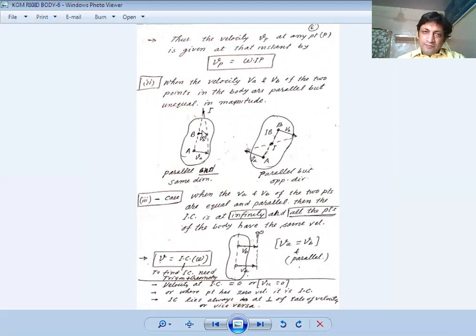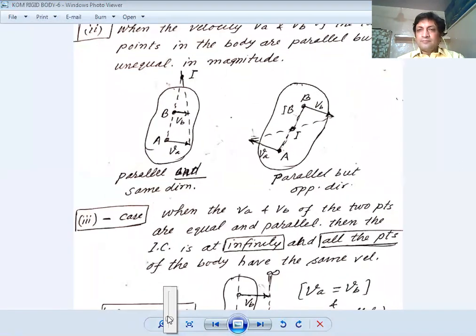So the IC for VB is IB, and the IC for VA is IA. Similarly, if they are in opposite directions but still parallel, we join the extremities of these velocities, and where the line meets the perpendicular, IA is the instantaneous center for VA and IB is the instantaneous center for VB.